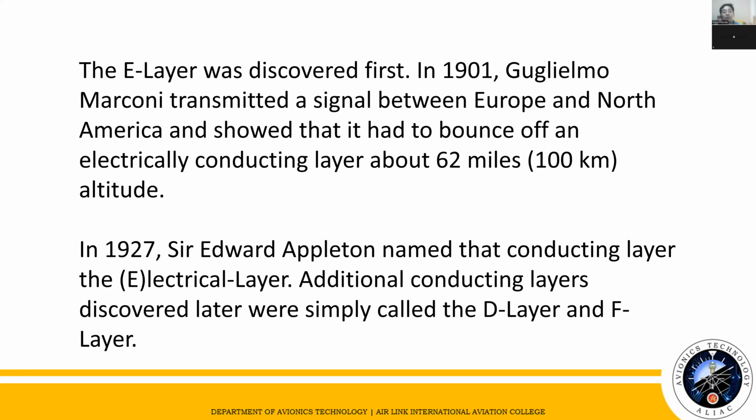Kaya nagkakaroon siya ng change in density from daytime to nighttime. So, all three layers are denser during the daytime. At night, all layers decrease in density with the D layer undergoing the greatest change at night. So, sa D layer, essentially, nawawala siya.